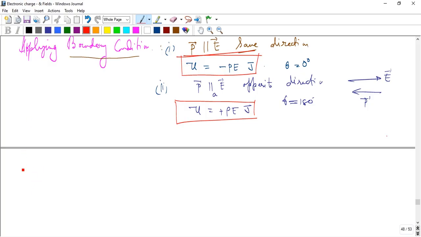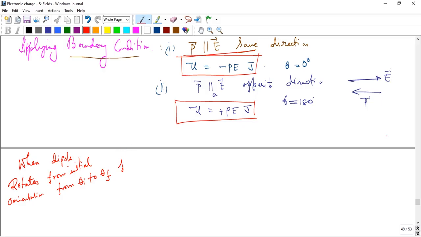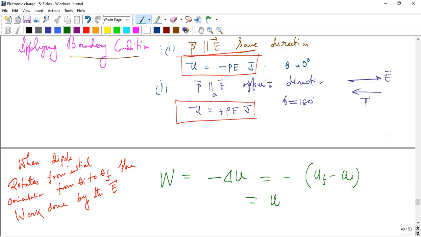When the dipole rotates from initial orientation theta i to theta f, the work done by the electric field, that is W, is equal to minus delta U, that is minus (U final minus U initial). So we get U initial minus U final.